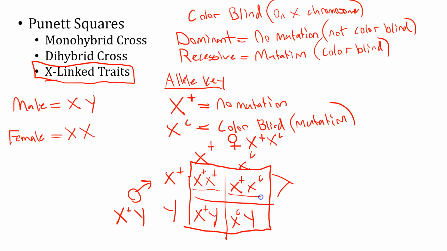If this baby girl was born because this gamete met this gamete, then that baby girl would have no color blindness either, because she still has 1 copy of the normal chromosome.